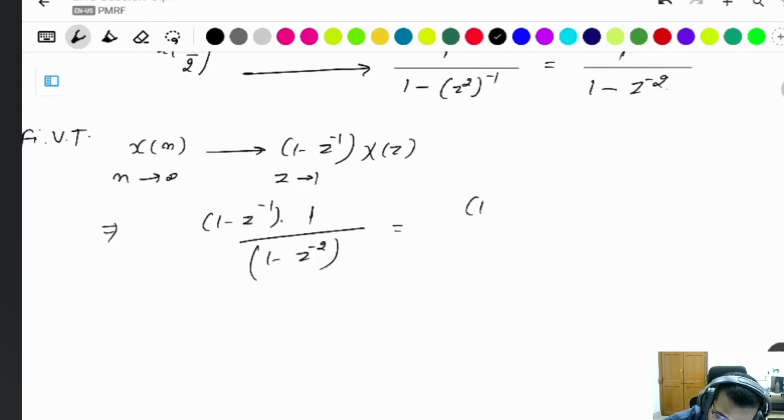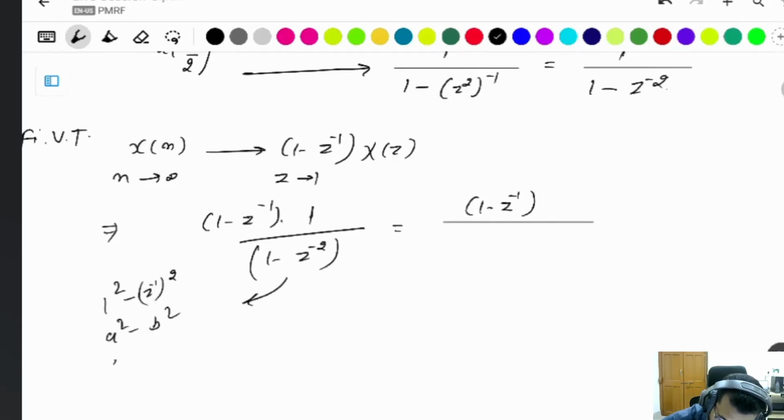The denominator 1 minus z to the power minus 2 can be written as 1 squared minus (z inverse) squared, like a squared minus b squared, which is (a plus b)(a minus b). It means (1 plus z inverse)(1 minus z inverse).